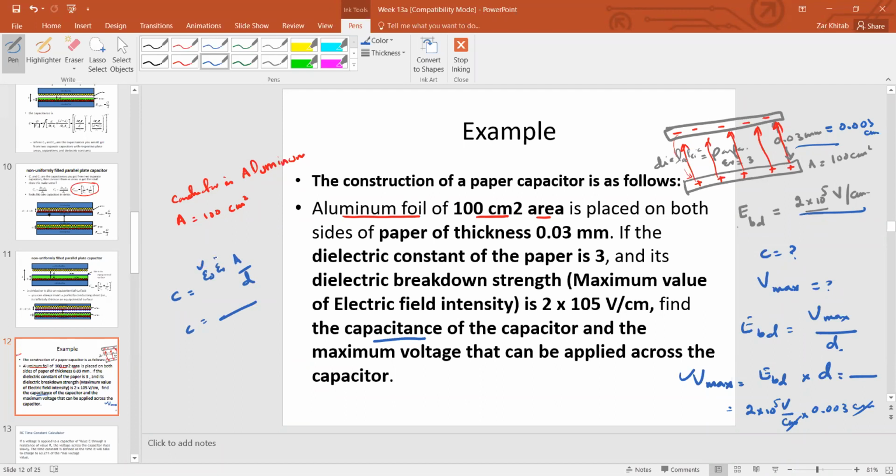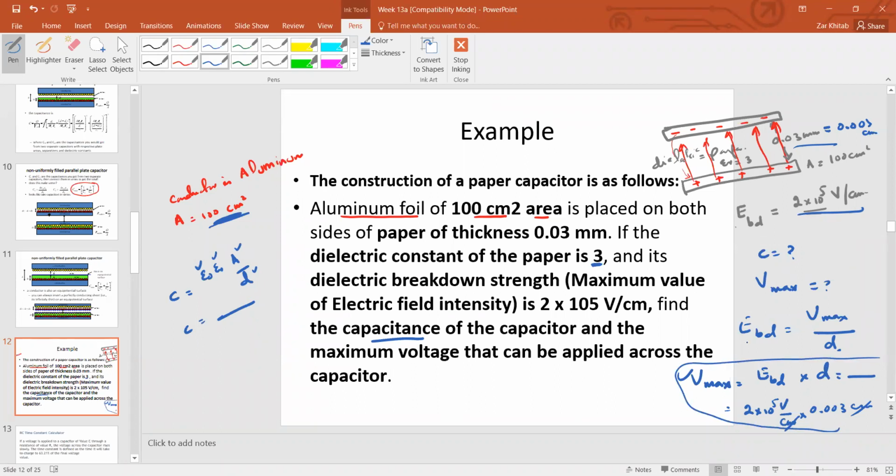Epsilon naught is a constant, epsilon r is 3, A is given 100 square centimeter, d is also given to you. But you need to not go beyond this voltage because then the breakdown will occur. Any question here?